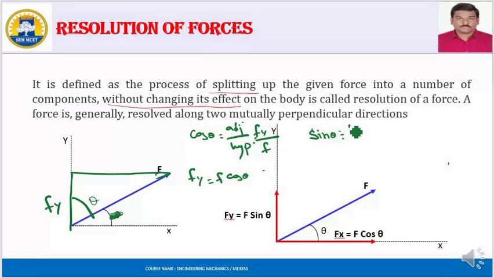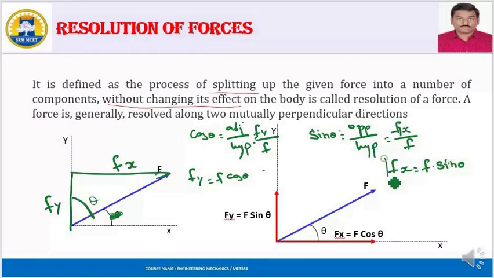Sin theta is equal to opposite side by hypotenuse. Here the opposite side is Fx, so Fx divided by F, where the hypotenuse is F. So Fx is equal to F sin theta.